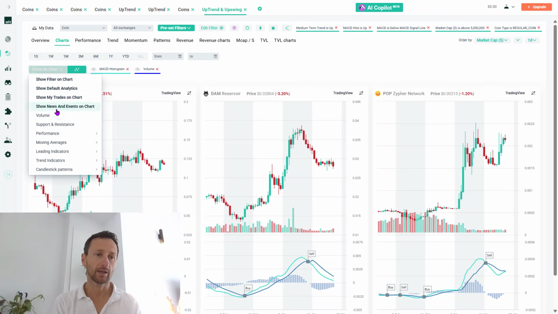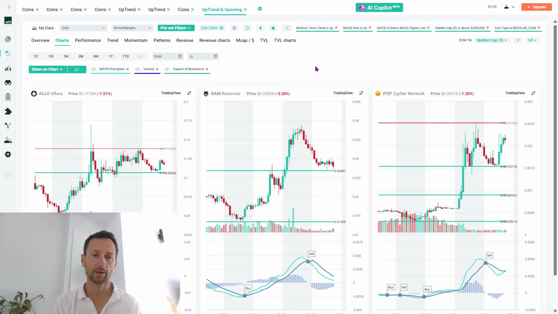And let's take a look at the support and resistance again. All right. Okay. Well, this one obviously already kind of played out. It pulled back and bounced off of that support. This dam reservoir has pulled back to the support area, and MACD histogram is inflecting.